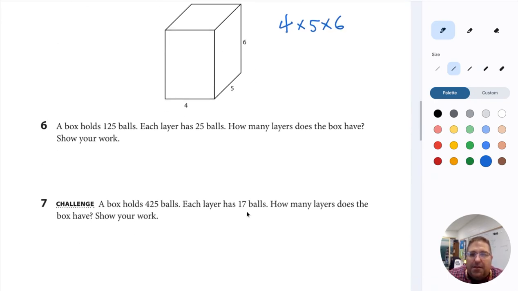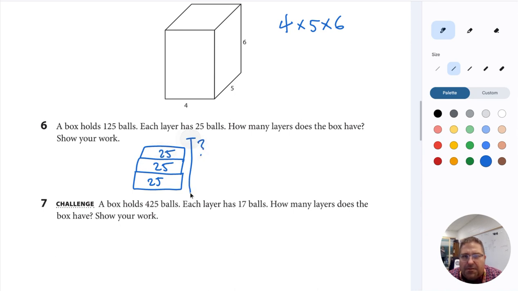Number 6, we've got a box that holds 125 balls. Now each layer has 25 balls in it. So how many layers does it have? Well, if we start to draw a picture, well, let's see. We got 25 in that layer, 25 in that layer, 25 in that layer. We're not sure how tall this box is.